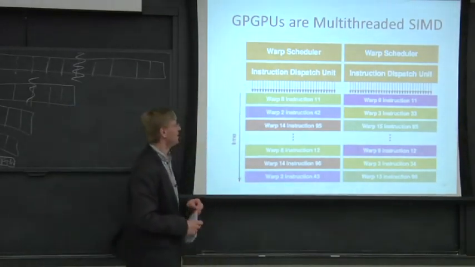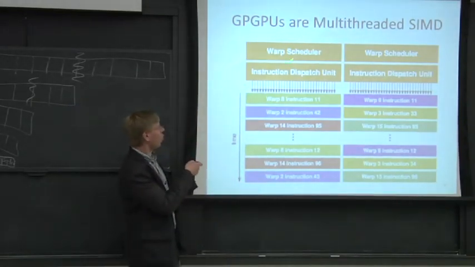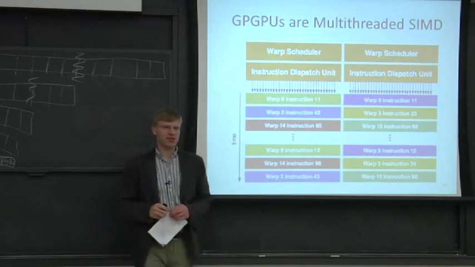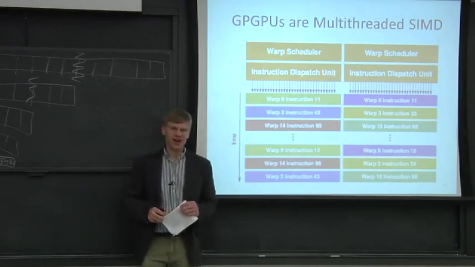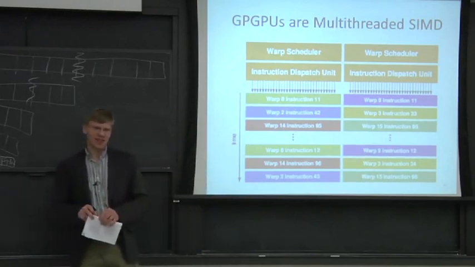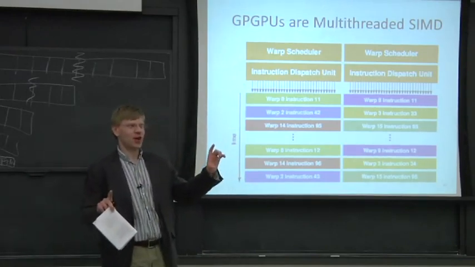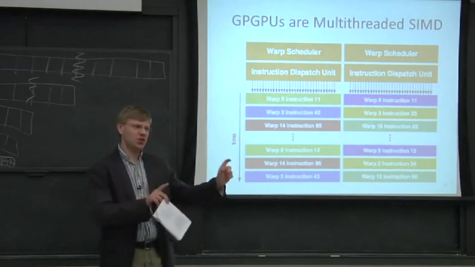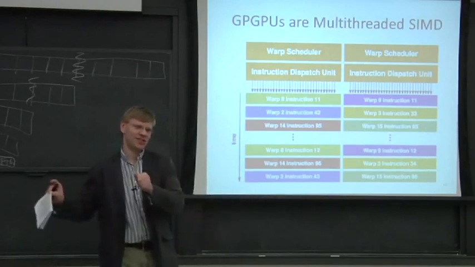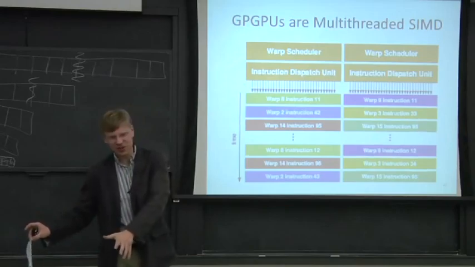And take the word warp here and replace it with thread. Unfortunately, if you read your textbook, they have a nice table which translates GPGPU nomenclature to the rest of computer architecture nomenclature.